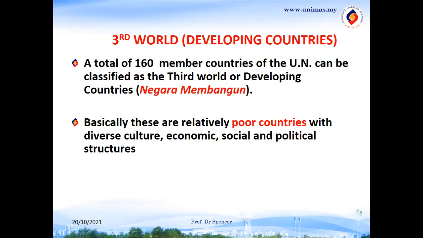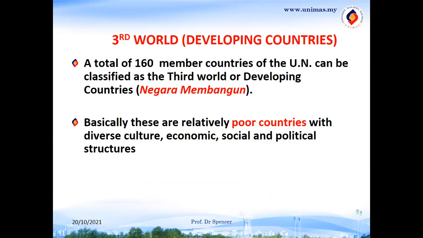Then the third world or developing countries. In total, there are 160 member countries of the United Nations, or UN, which can be classified as the third world or developing countries, or negara membangun.